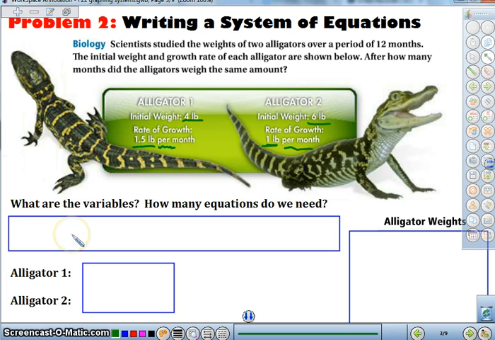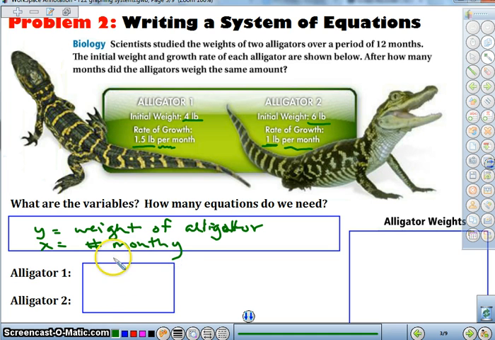So what are our variables that we are looking at in this situation? Our variables actually are going to be the weight of the alligator. That's our y. So y is the weight of the alligator. And our x is going to be the number of months until those two alligators are equal in weight. So x is equal to the number of months.